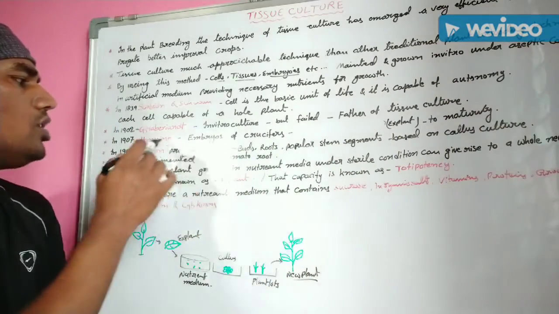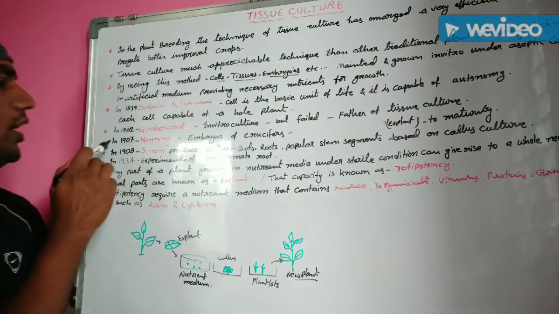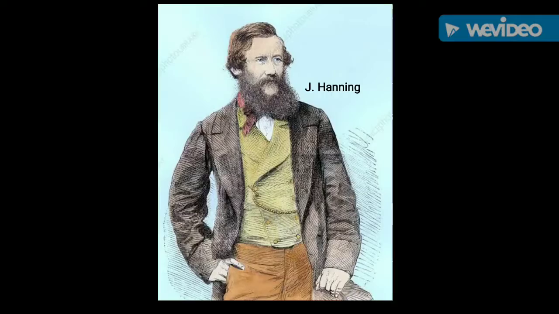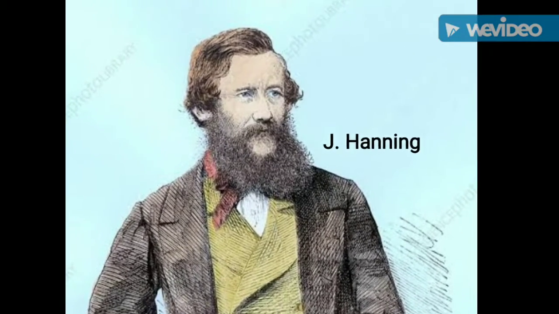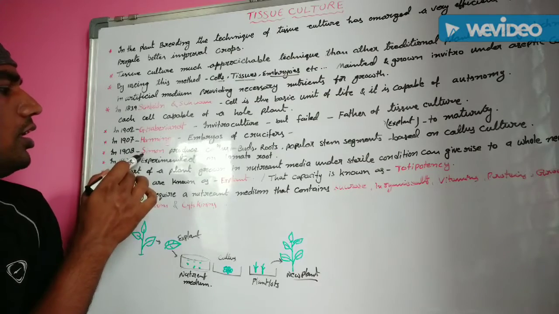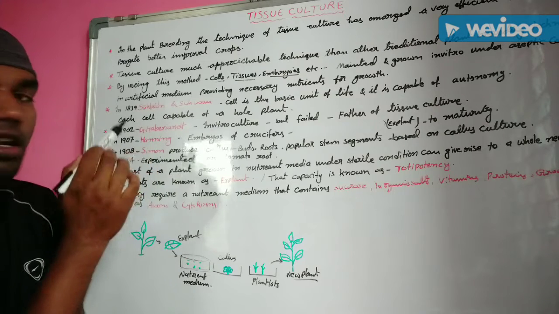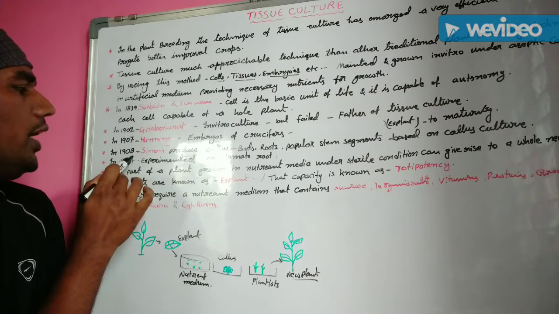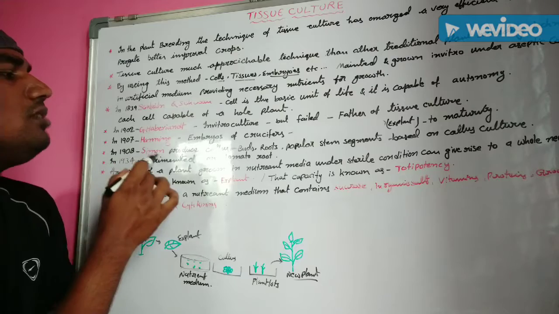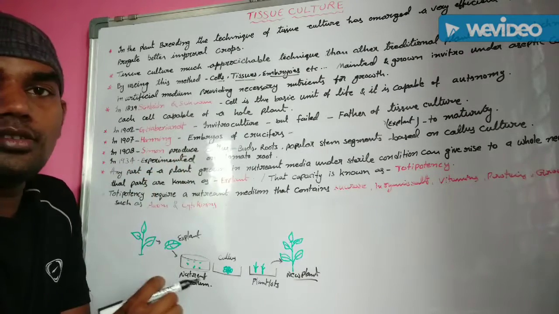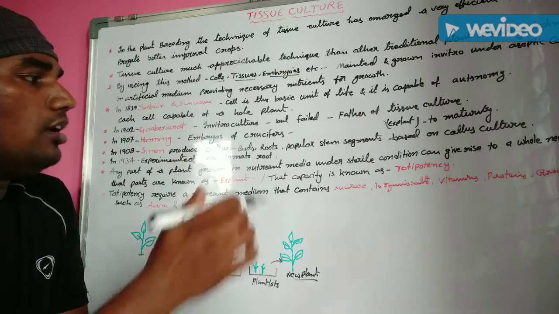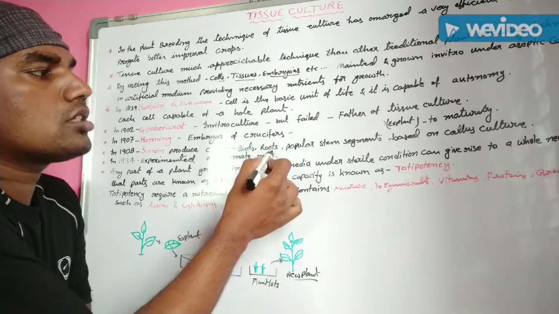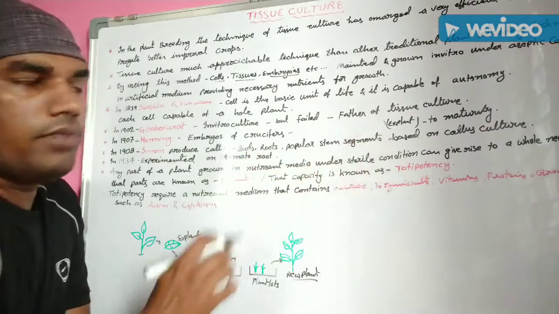Okay, who is the scientist? Hannig in 1907. Next, Simon in 1908. In 1908, Simon produced callus. He successfully produced callus from buds, roots, and poplar stem segments.